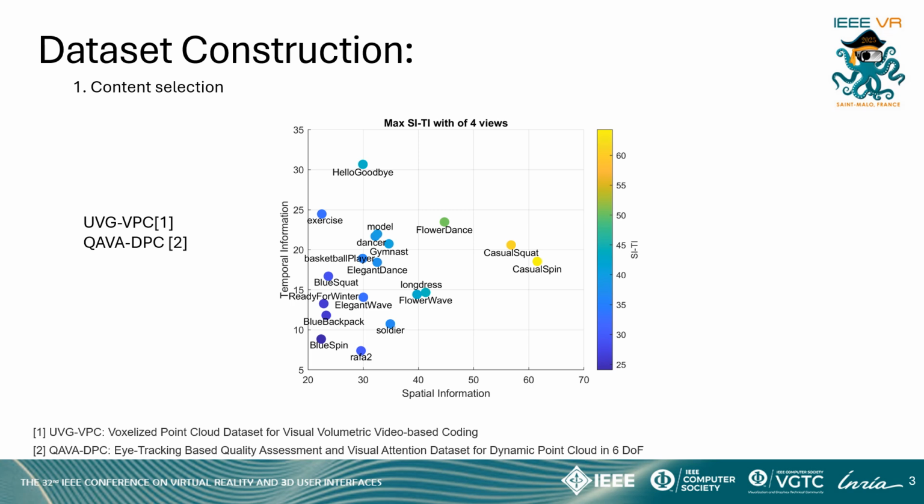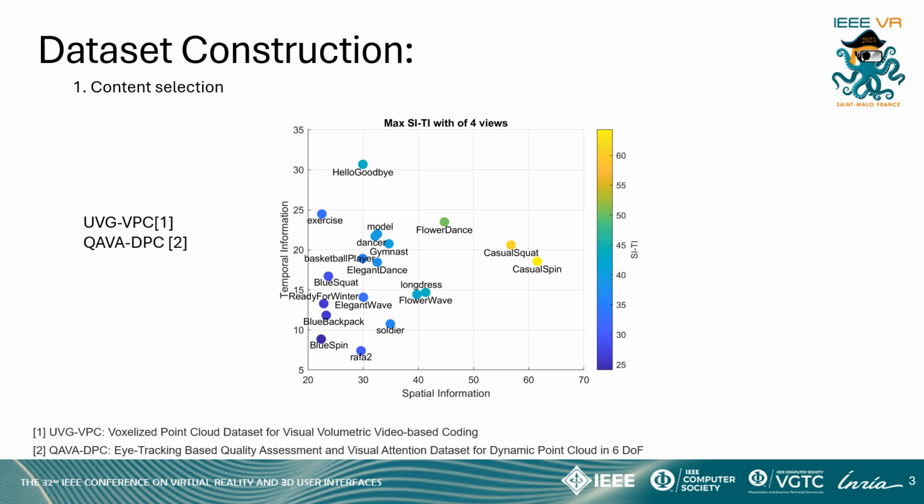To give more context, we have already done an experiment before to collect visual saliency data of some dynamic point cloud sequences. In our previous work, we collected the QAVA-DPC dataset, and now we are creating another dataset under another situation.